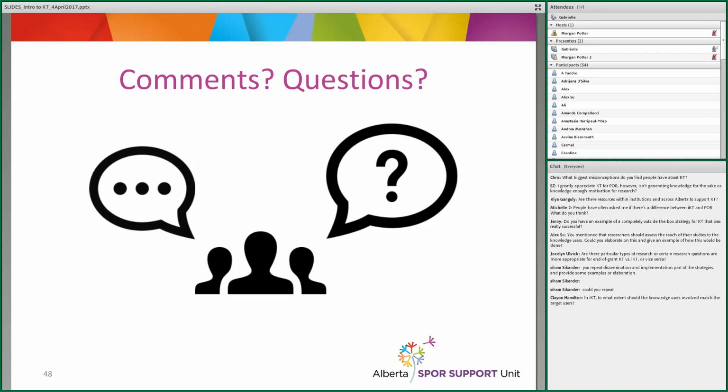Well, I think the example that I had provided earlier was with the researchers that were developing a diagnostic test. They were working with clinicians in the unit to make sure that they were meeting the needs of the clinicians.